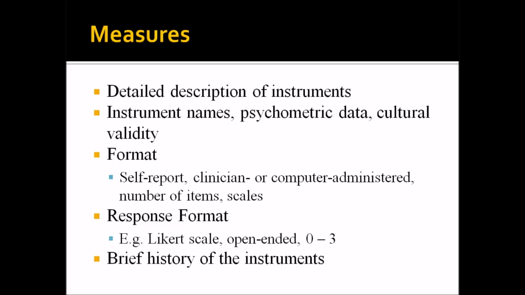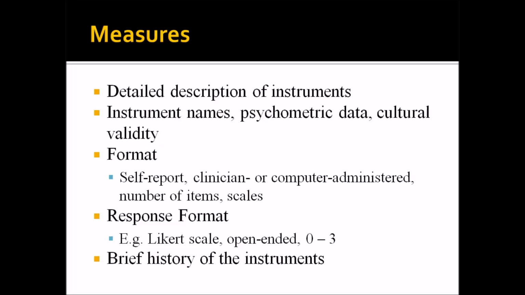You also want to detail the response format for each instrument that you'll be using. And there are several different response formats that we see in counseling instruments, in appraisal instruments. Likert scales, some are open-ended, so it'll be a question and the participant will write a narrative after each question.